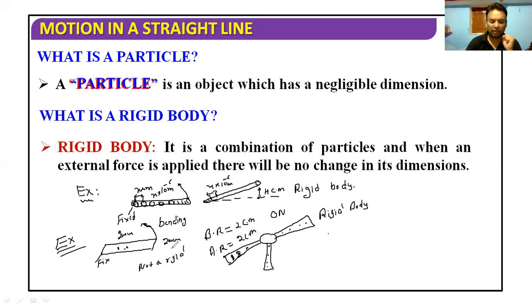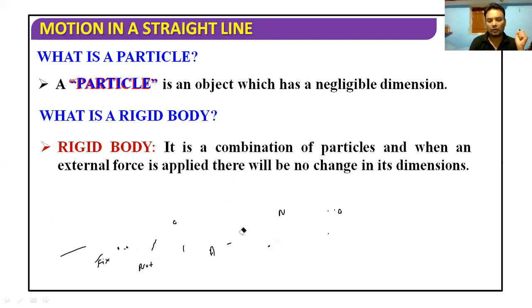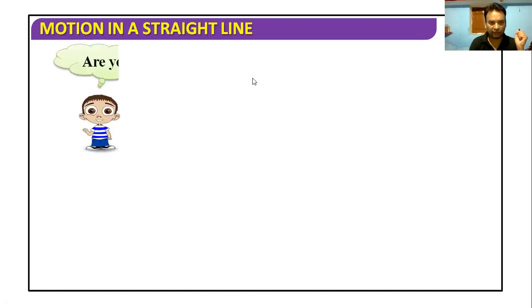But if after changing the position of the body the distance between the constituent particles changes, then it is a non-rigid body. So this is all about rigid and non-rigid bodies. Let us take some more points.